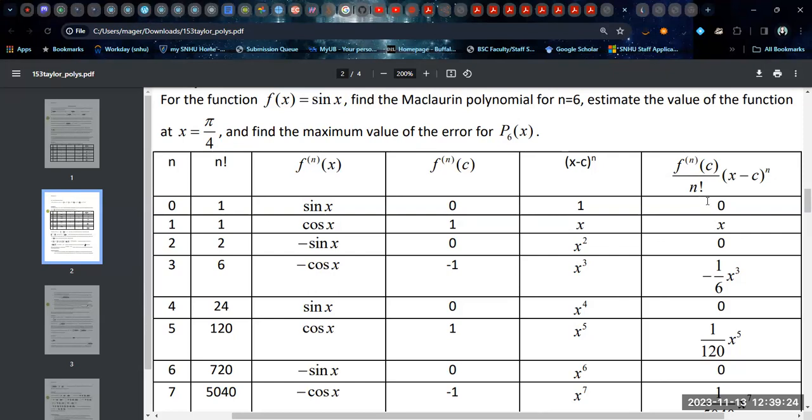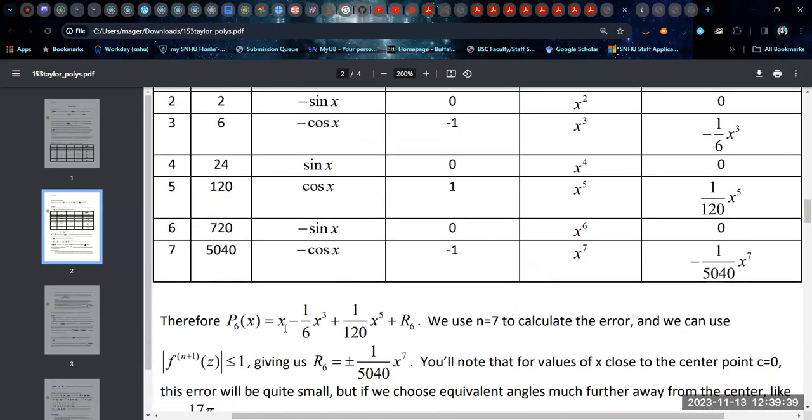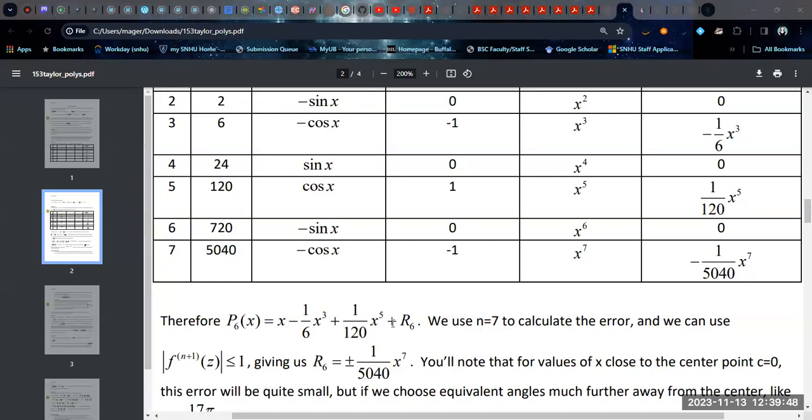When we put everything together, the terms where the coefficient is 0 are still 0, but the ones where you have a 1 or a -1, you end up with alternating signs and odd powers. And so the polynomial itself is just x minus 1/6 x cubed plus 1/20 x to the 5th. There is actually no 6th degree term because that coefficient is 0.